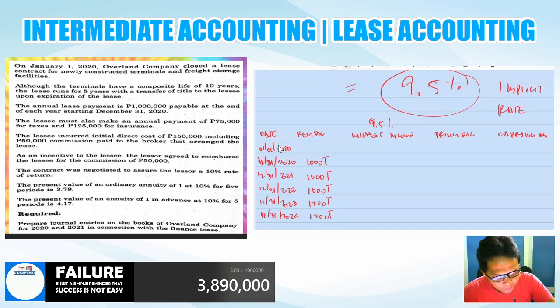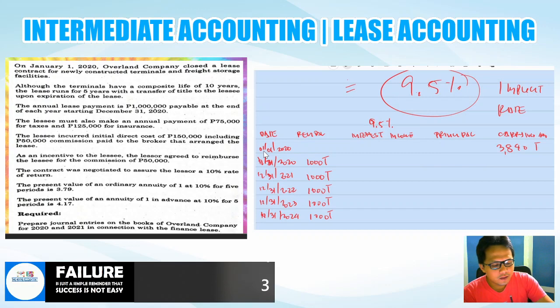Carrying amount, we have 3,840,000. Equivalent to your net investment. Right? Times 9.5% for the interest. So we have 364,800. Deduct that from your 1 million.